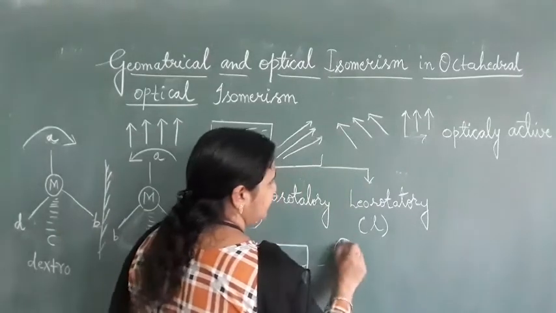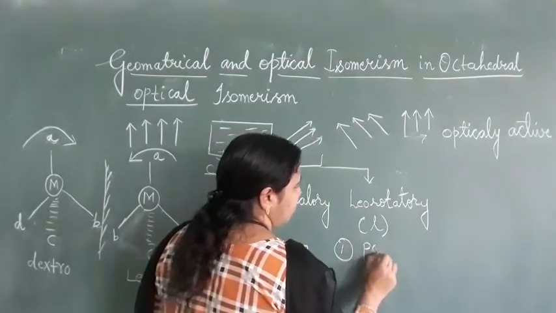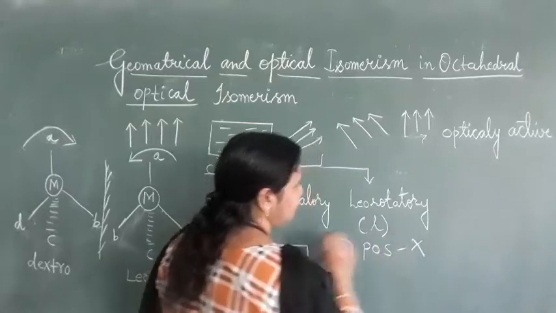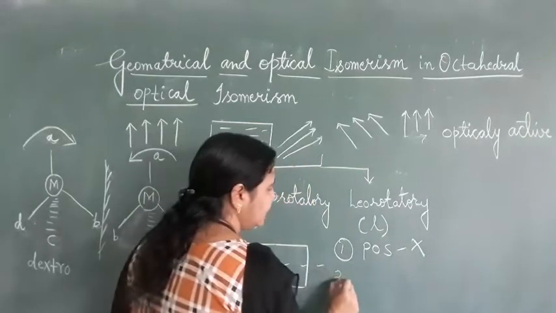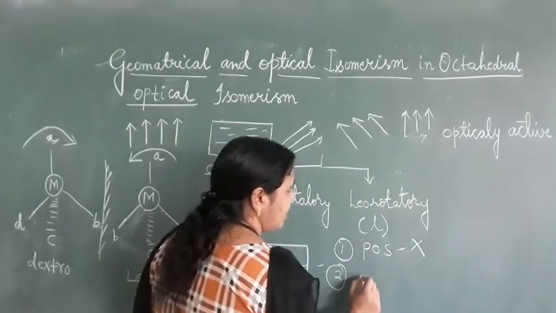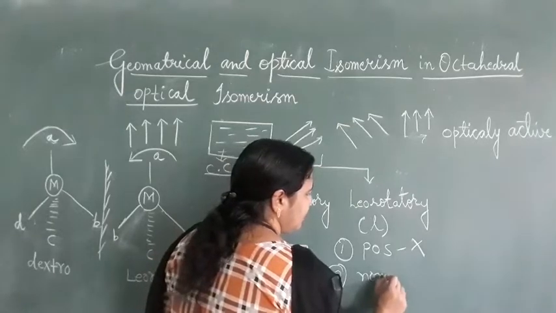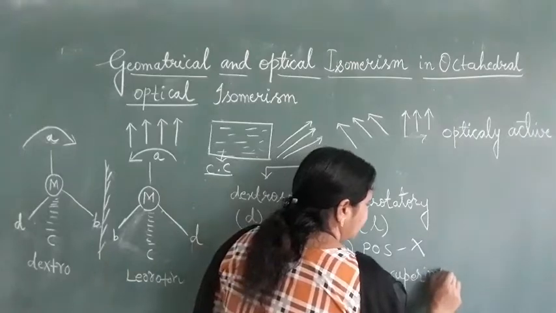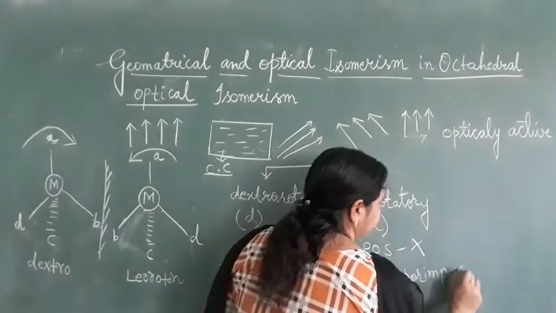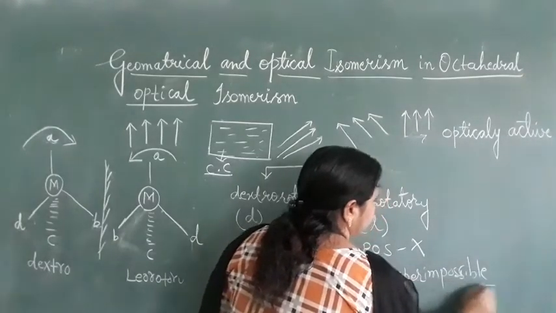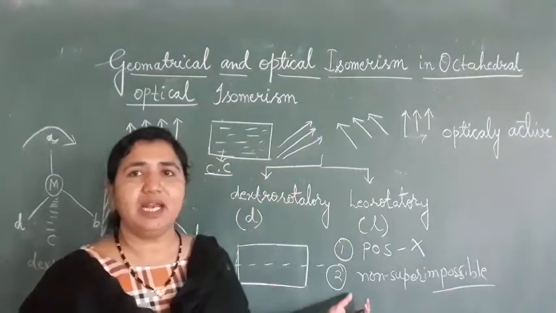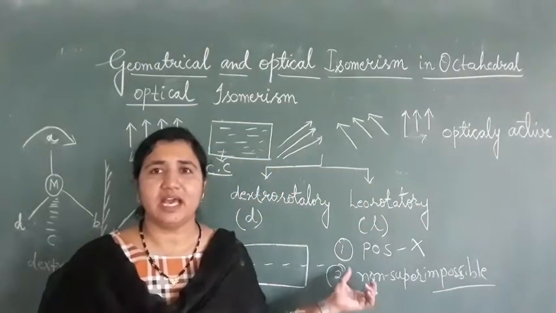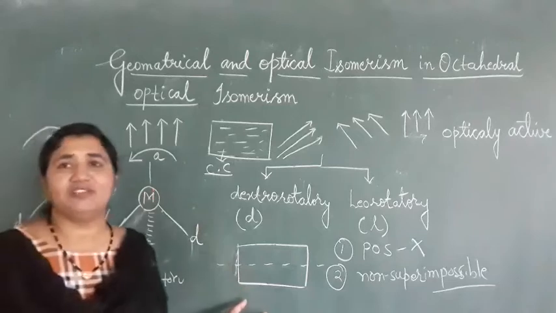The first is no plane of symmetry in the structure, and second is they should be non-superimposable mirror images of each other. Then only they will show optical activity, and they will show optical isomerism.